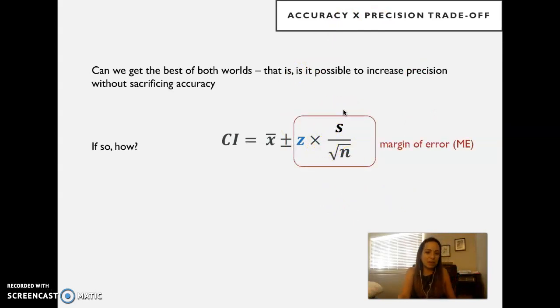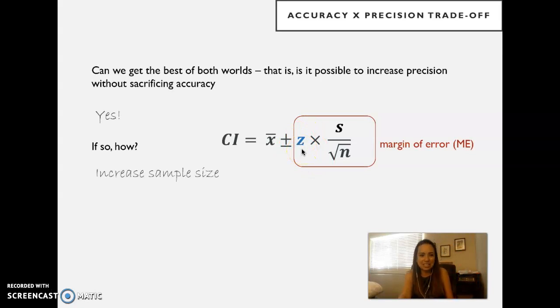The way we play around with this number, that is part of the margin of error, is to have this value here large, such that the quotient, the ratio here, will not be that big, right? So by having a large sample size, I can reduce this piece, increasing the precision without having to sacrifice accuracy that much.